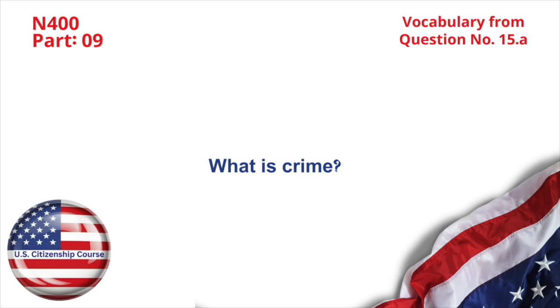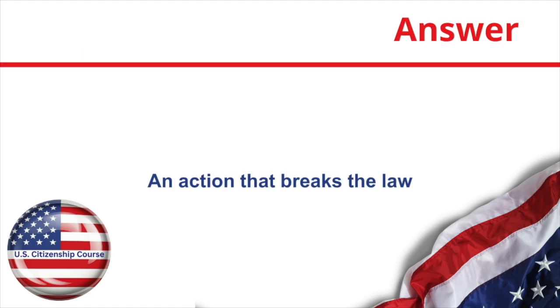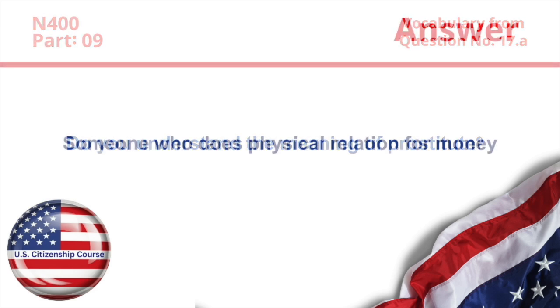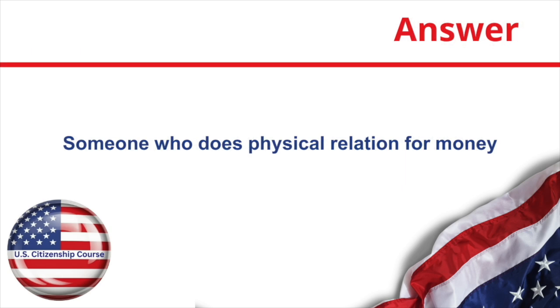What is crime? An action that breaks the law. Do you understand the meaning of prostitute? Someone who does physical relation for money.